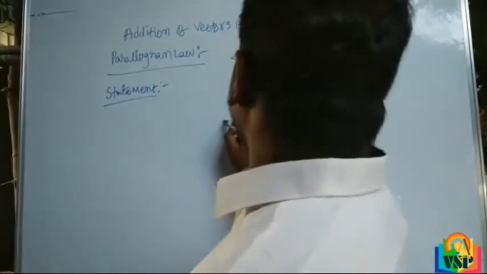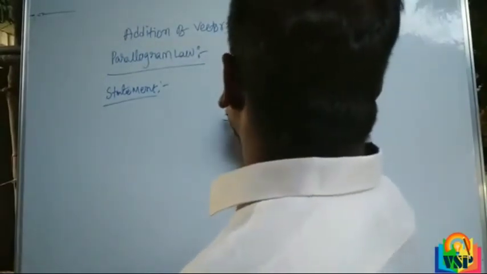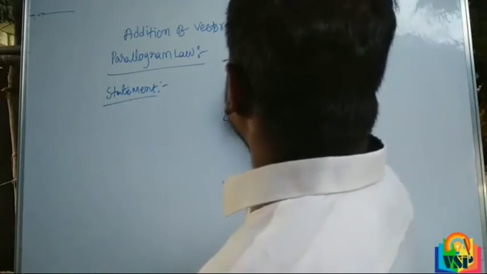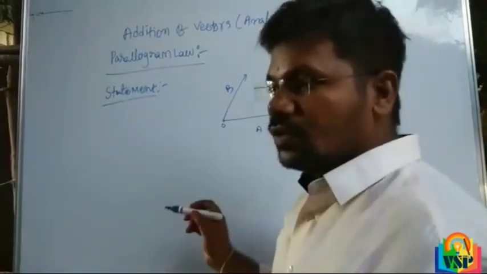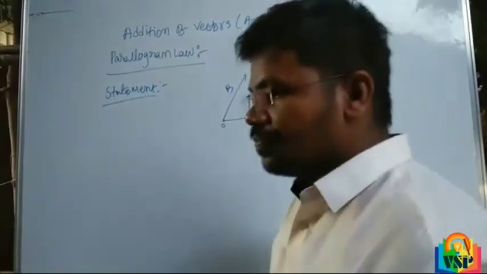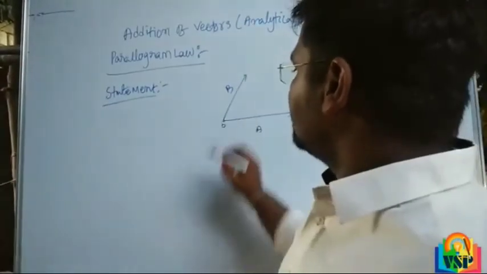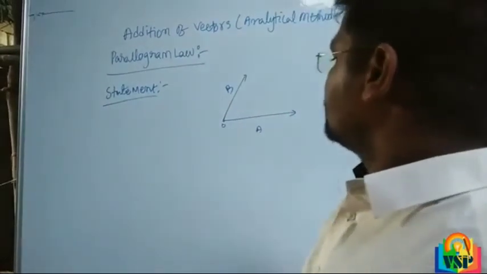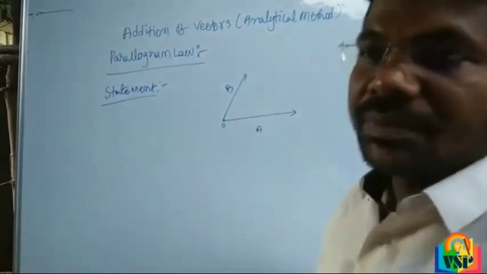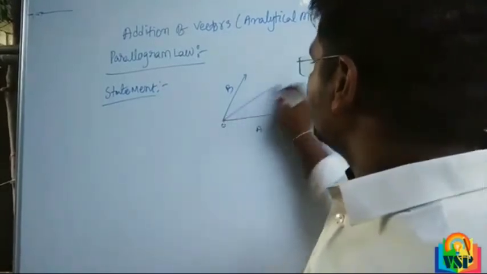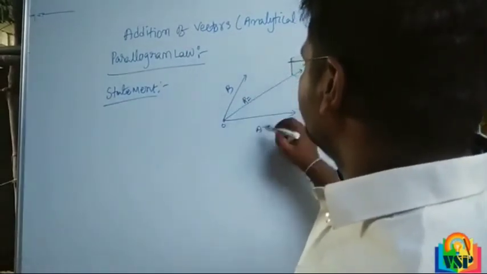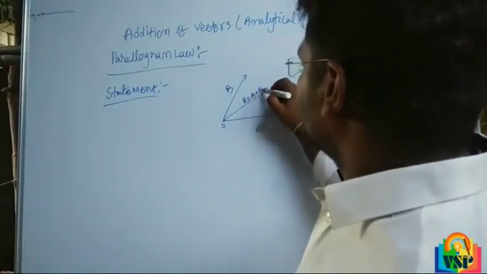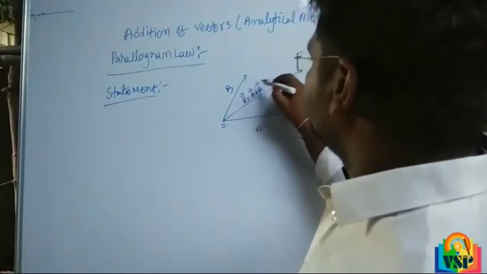According to the statement, if two vectors A and B are acting on the same point, the origin, which represent two sides of a parallelogram, the diagonal passing through the origin gives the resultant of the vectors in magnitude and direction. R bar is equal to A bar plus B bar.